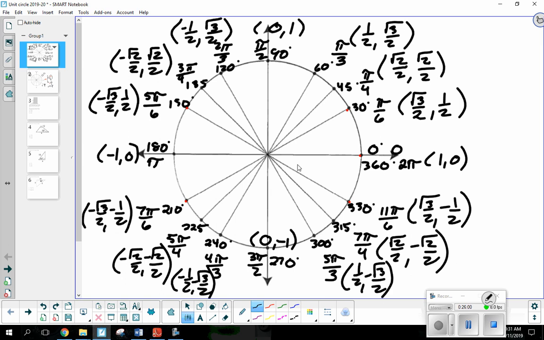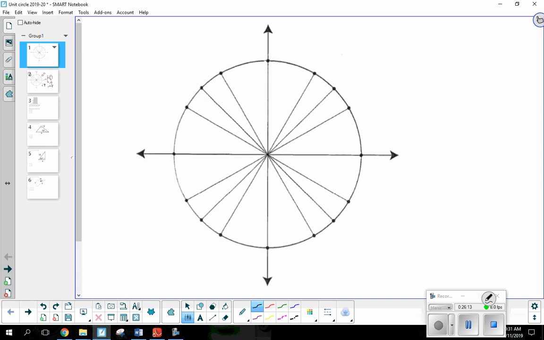Okay. All right. So now let me go ahead and show you a shortcut to getting all of this. You don't have to use triangles, nothing. Okay, so let's say you're starting from scratch. You don't have anything. I'm going to focus all my attention on quadrant 1 because it's really the easiest quadrant to deal with. We know this is 0 degrees.